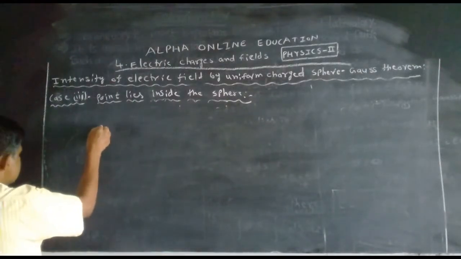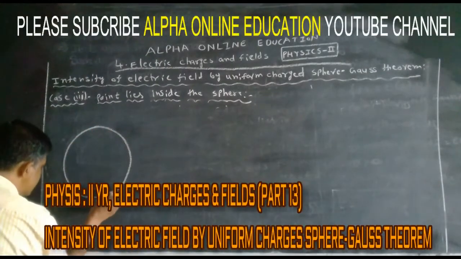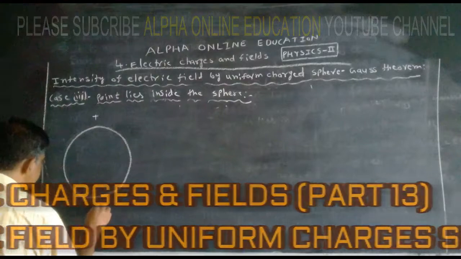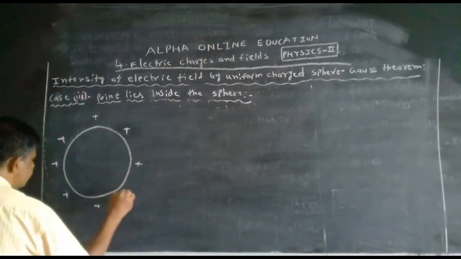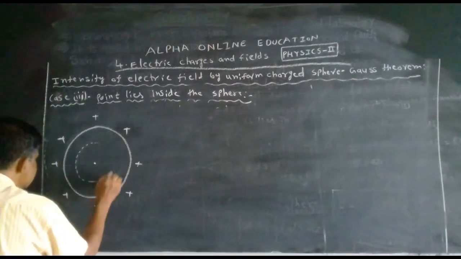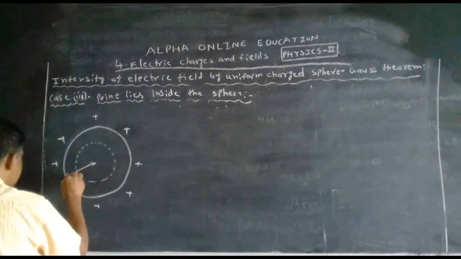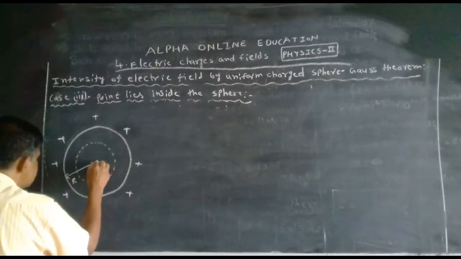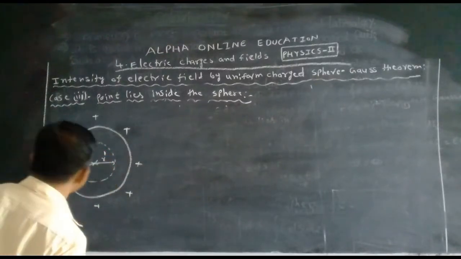Now, this is the charged sphere. The point lies inside. It is capital R, and this is small r dash for our convenience.